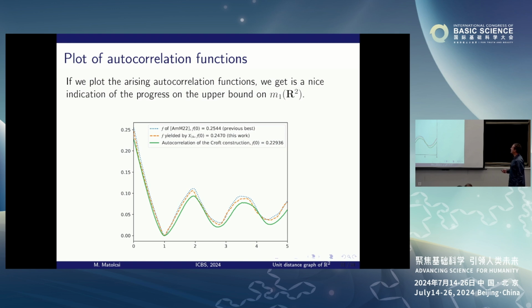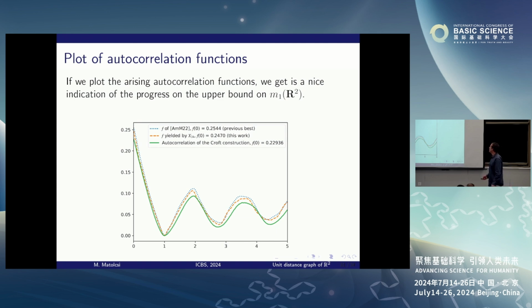The blue line is the previous best linear programming result, which was unfortunately above 0.25. You can see 0.2544. And the orange one is the current best, this work, 0.247. And you can see that the orange line indeed gets closer to the green one. Well, at the end, they will diverge a little bit.